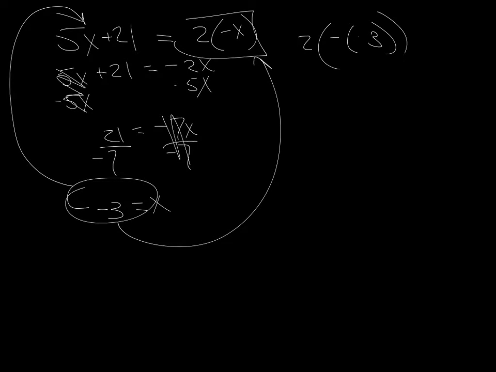Negative 3. So I get 2 times positive 3, because these two are going to be positive. Okay? And they should all check out and be just fine. So that's it for lesson number 33.